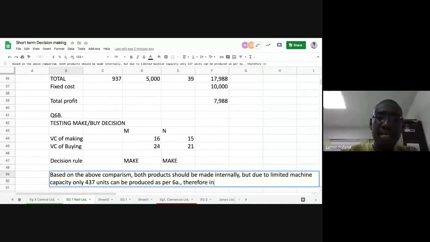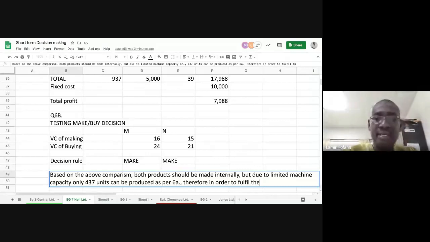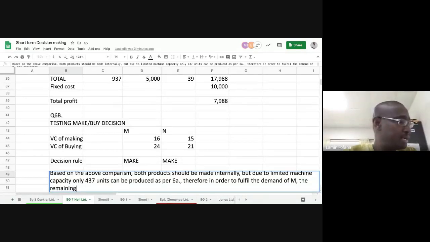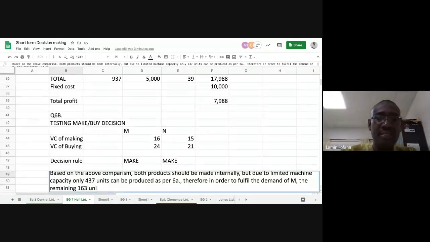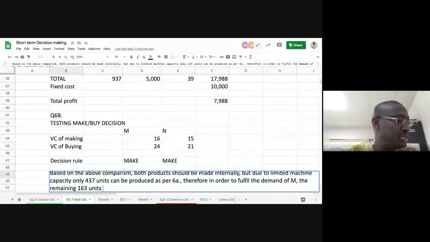Therefore, in order to fulfill the demand of M, which is product M, the remaining 163 units will have to be bought in.